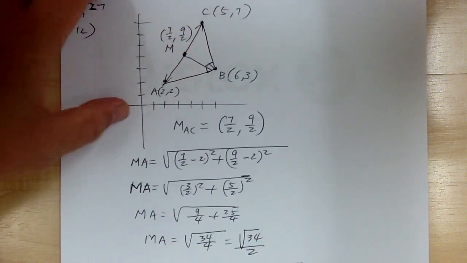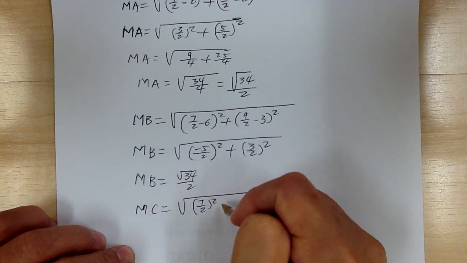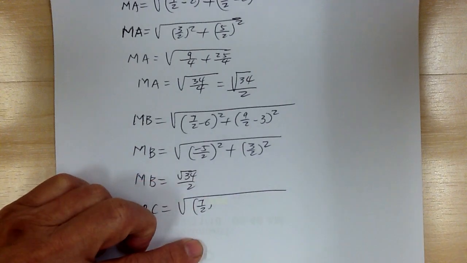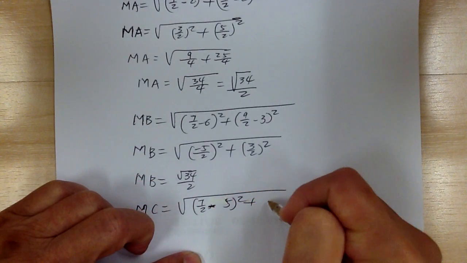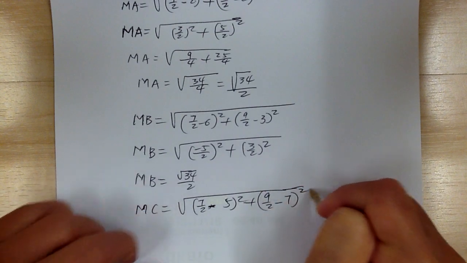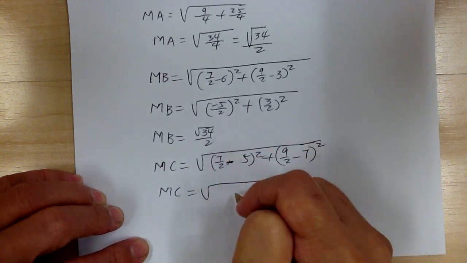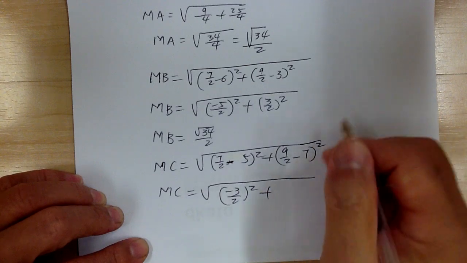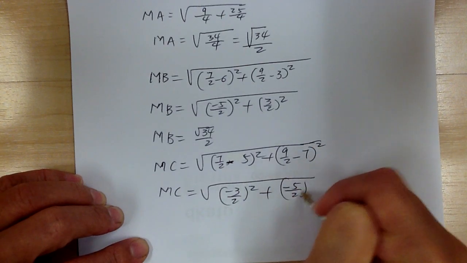From M to C, you're going to get 7 over 2 minus 5 squared plus 9 over 2 minus 7 squared. So MC is equal to the square root of negative 3 over 2 squared plus negative 5 over 2 squared.